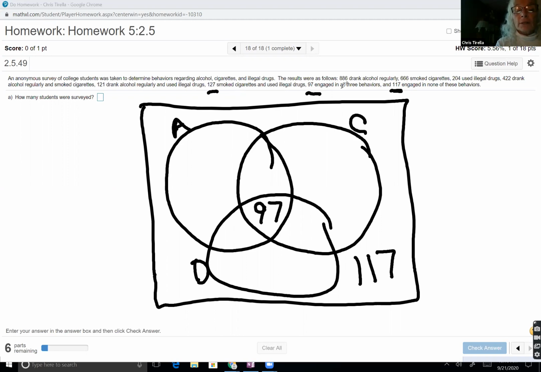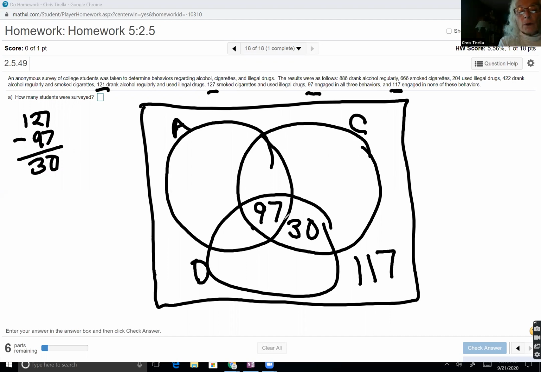127 did cigarettes and drugs. Cigarettes and drugs, that intersection would be here. But you see, we've got that 97 is a part of that intersection. So we're going to take that 127 minus the 97, which gives me 30 in this region. Then 121 were alcohol and drugs.